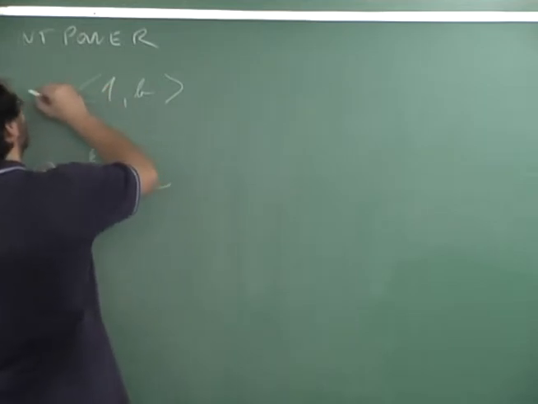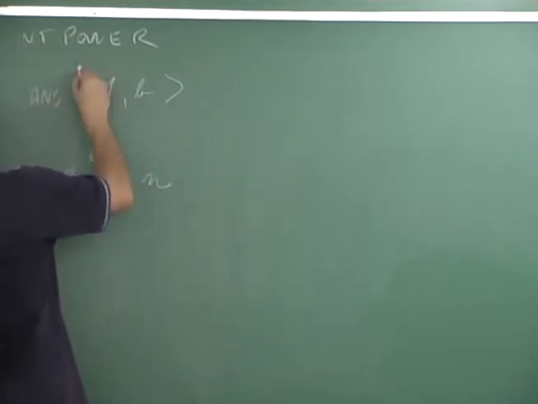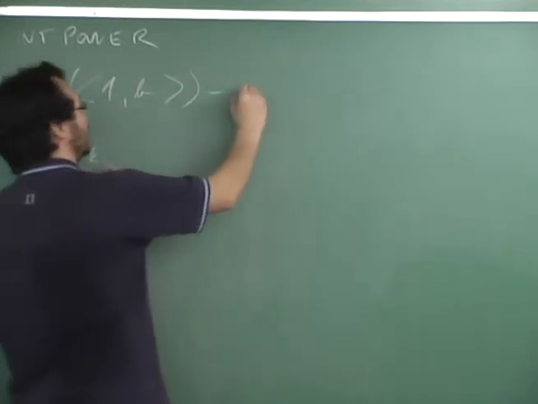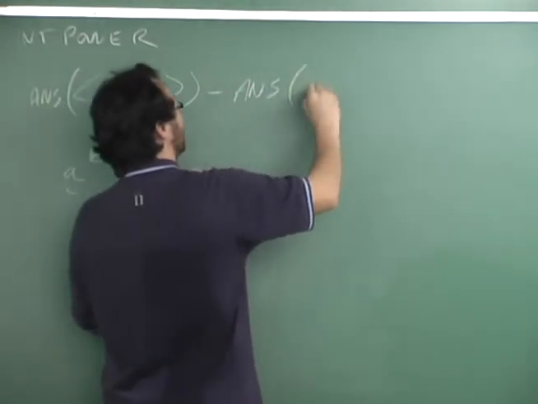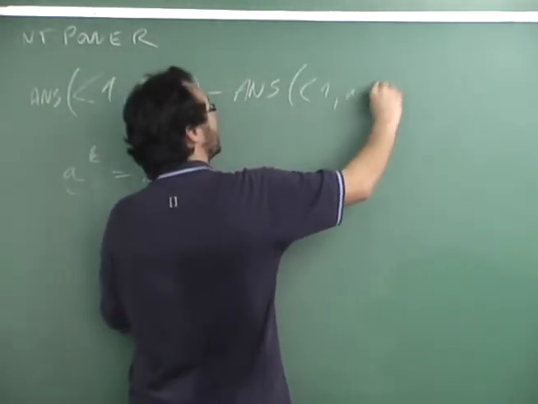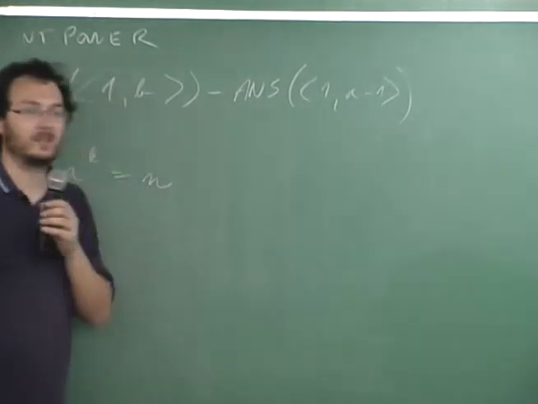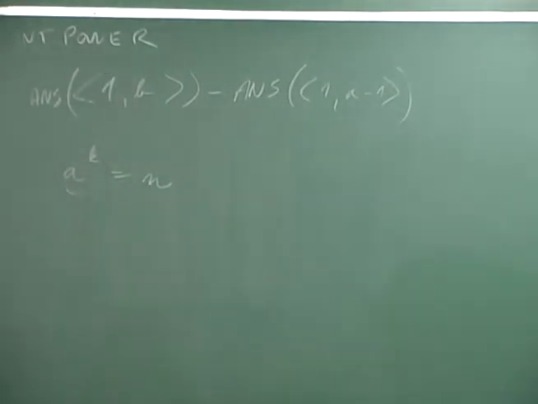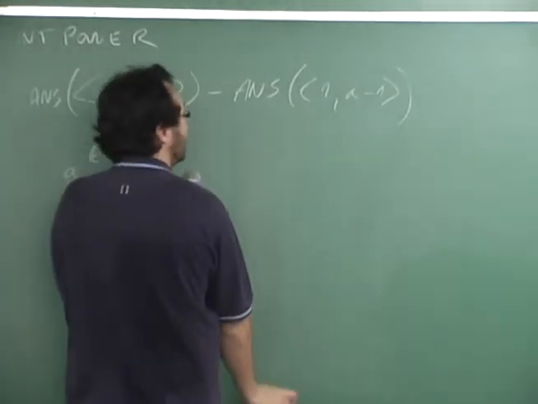You take the answer for this query and you subtract the answer for the query from 1 to A minus 1, right? So this should be an automatic first step if you see a problem like this. Don't bother about two boundaries. You can only focus on the top boundary, and the bottom boundary can be ignored. So now we have a slightly easier problem.